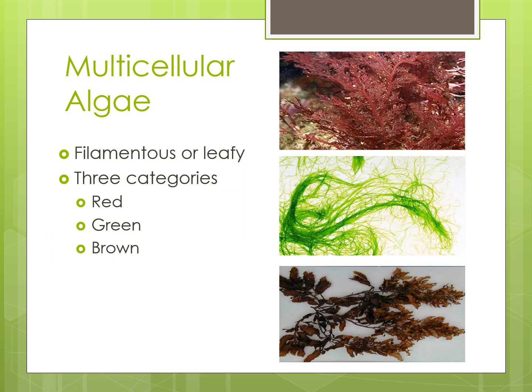We can also have multicellular algae, and that's going to come in 3 categories: red, green, and brown. And you might be thinking, but we just talked about green algae. Yes, I know they span the 2 categories. I'm sorry, that is just the way that it is. Just make sure you know that. So we have unicellular algae and we have multicellular algae.